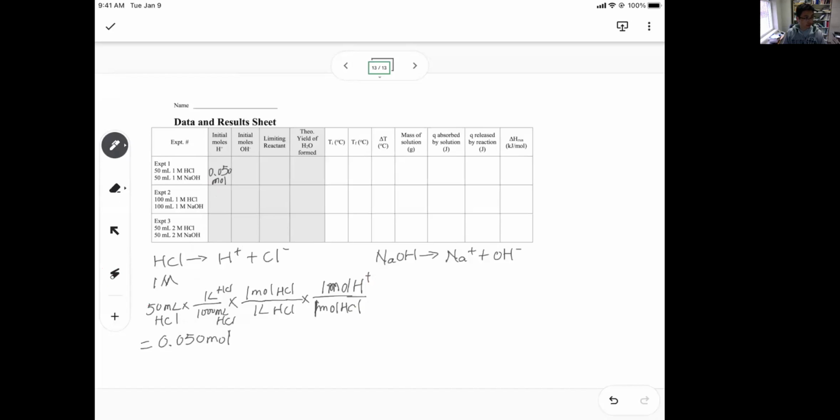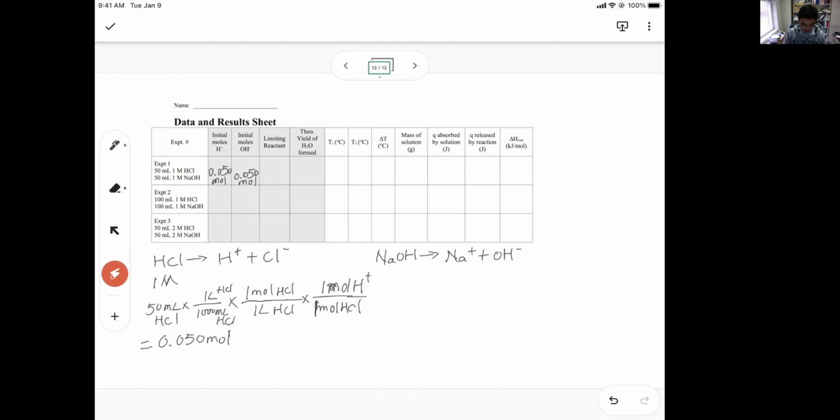If you divide this by 50 ml converted to liters, it is still 1 mole per liter of H+. You can do the same thing for hydroxide. It will be, again, 0.050 mole. Very similar calculation.